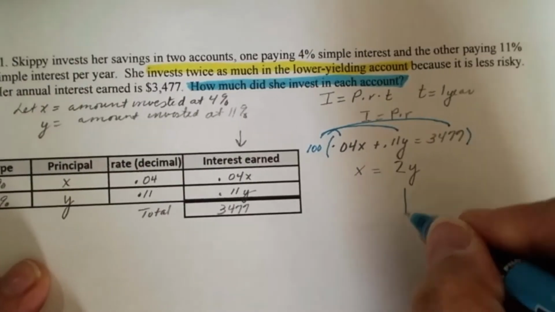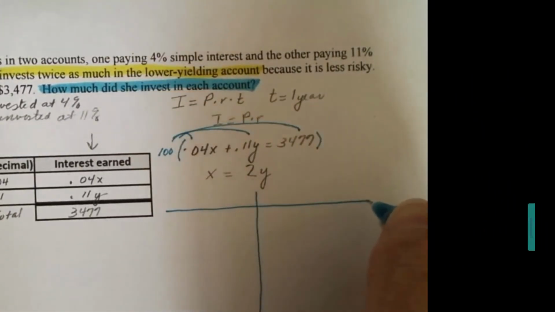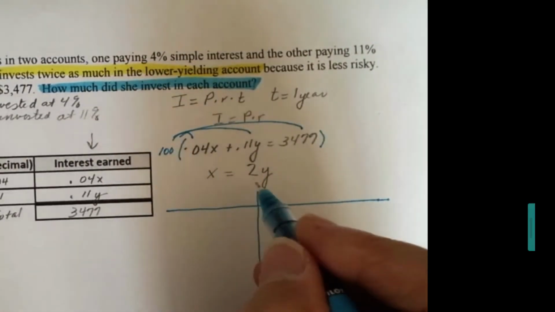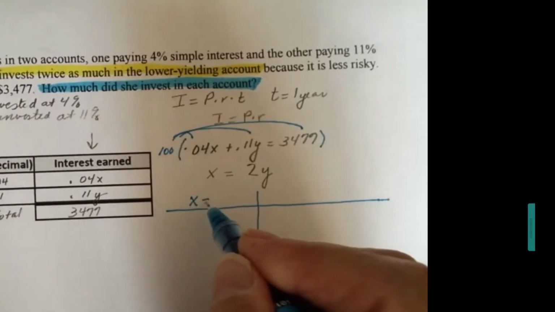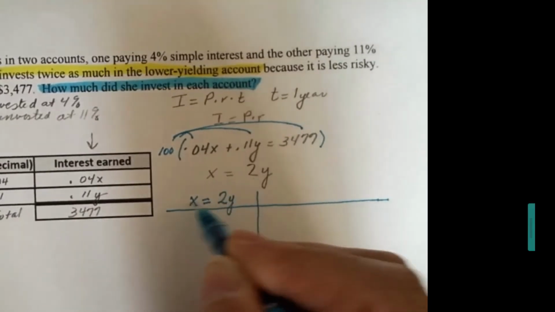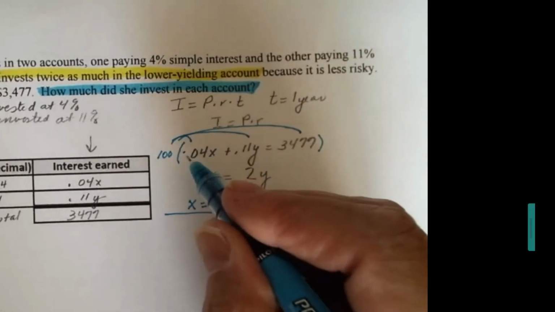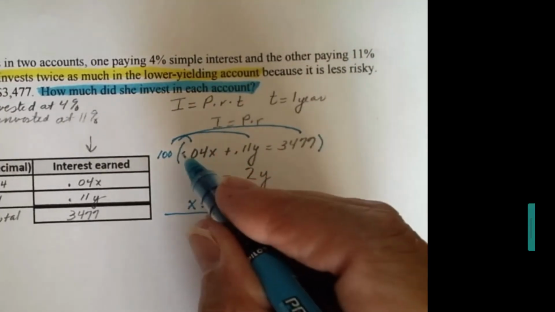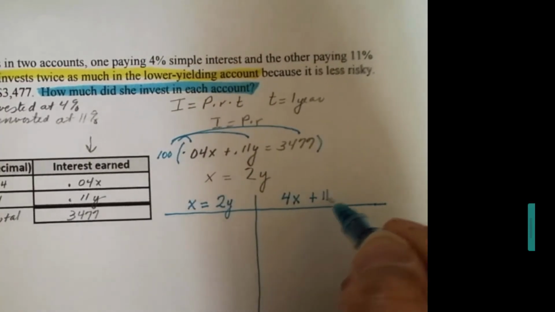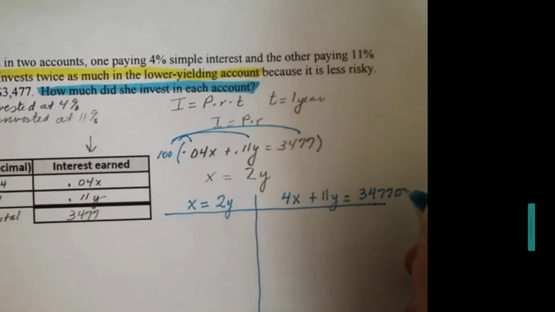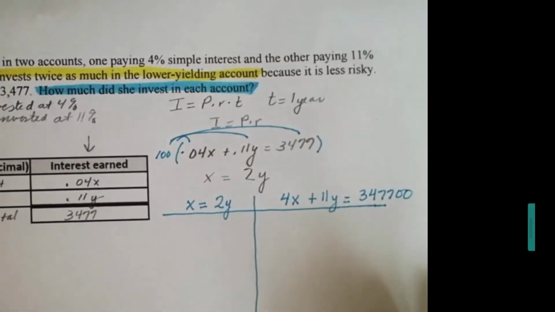Let's put that here, because we're working on substitution. We've got this organizer that we've used before, where on the left side we're going to put our equation that's already solved for X. And then here I'm going to go ahead and write 4X, because I'm just moving the decimal, multiplying this by 100, plus 11Y equals, and then here I'm going to add 2 zeros for my 100, just like that.